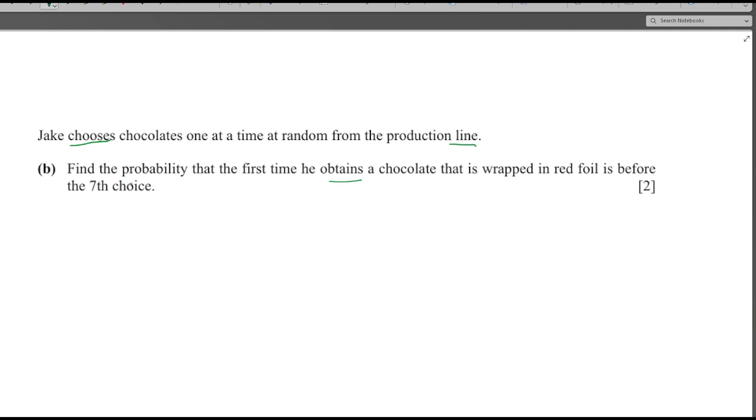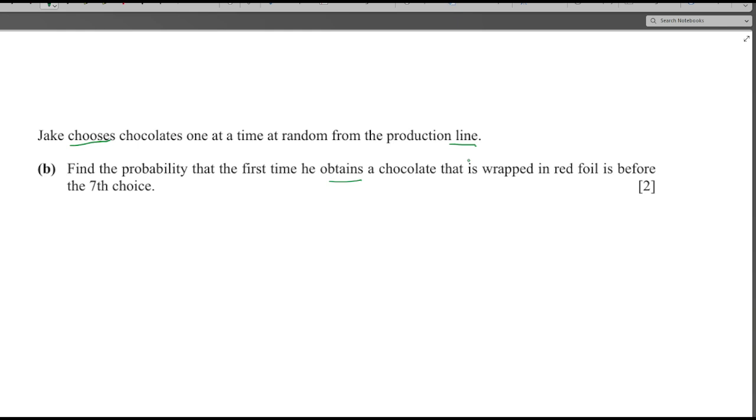Now this is a problem of geometric distribution. So here you have to find the probability that the chocolate wrapped in red foil is obtained before the seventh choice.